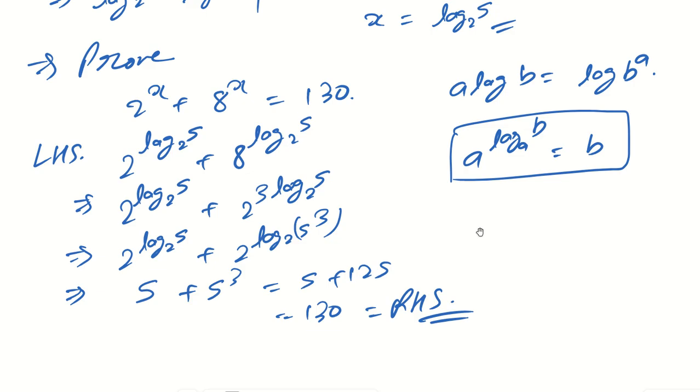So this is how you have proved that y equal to 5, which is going to be x equal to log 5 base 2, is one of the solutions to the equation 2 to the power x plus 8 to the power x equal to 130. Thank you.